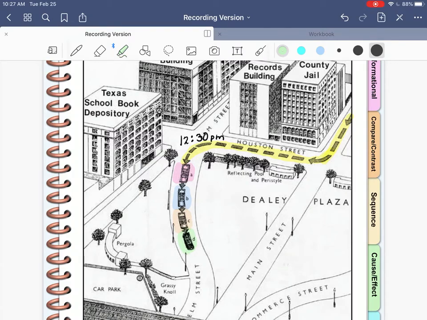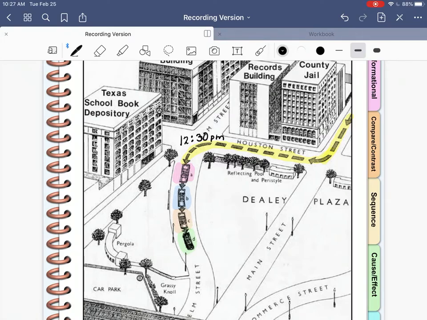It's rolling slowly because remember, there are crowds of people waving to the president. They're all watching this event unfold. Nobody has any idea that Lee Harvey Oswald is somewhere hiding with a rifle.